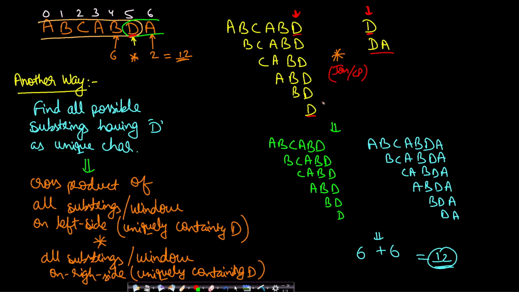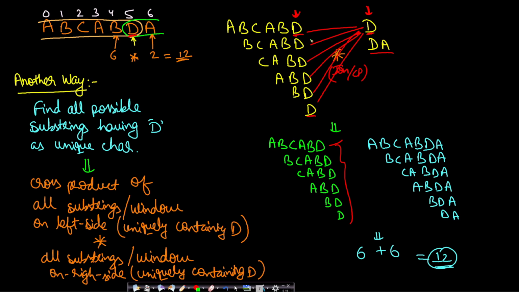Now if I write it again, then you will see that ABC, ABD will be multiplied with this D, right? And if you join them, then this D and this D will merge together and it will be the same string. And if you write all of them combining with this D, then it will be nothing but the same substring, right? So this is where I have written it.